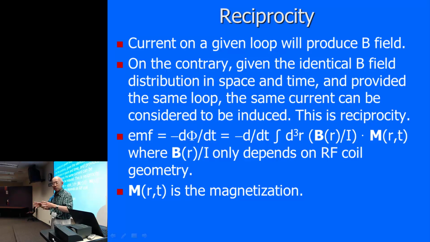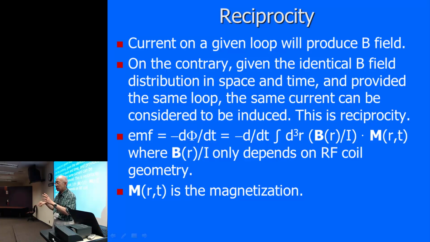Just imagine that you have a circuit, just a simple loop, and you have currents, and even if you just have a DC current, that's fine. This DC current is going to produce a magnetic field. In fact, this magnetic field is not uniform, but distributed in this entire space.